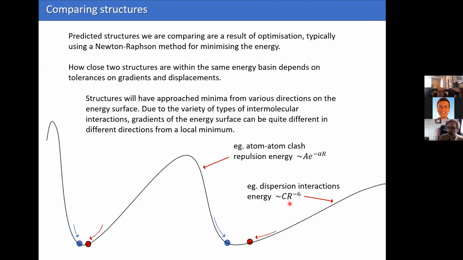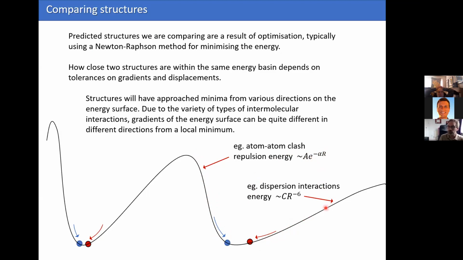Okay, but if structures are coming from different directions on this energy surface, they may stop with structures which are then far enough apart that it makes a straightforward identification of duplicates tricky sometimes. Okay, because the gradients when you come from different directions on the energy surface can be quite different. Here I have a steep wall where this structure has come from. Okay, that might correspond to, say, atomic clashes between molecules, where the repulsion energy, which keeps molecules apart, goes exponentially with the distance between atoms or between molecules.